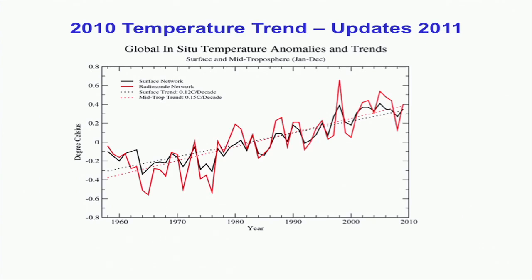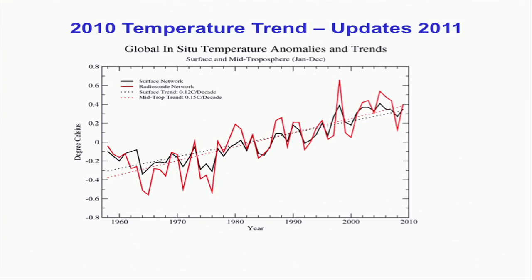And of course, these measurements are continuously updated. What we see here in black are the global temperature measurements based on the surface measurements or instrumentation, compared to the balloon measurements or radiosonde measurements, as well. The dotted lines show the respective trends. So the surface measurements are in black. The red shows the lower troposphere measurements measured by the balloons.